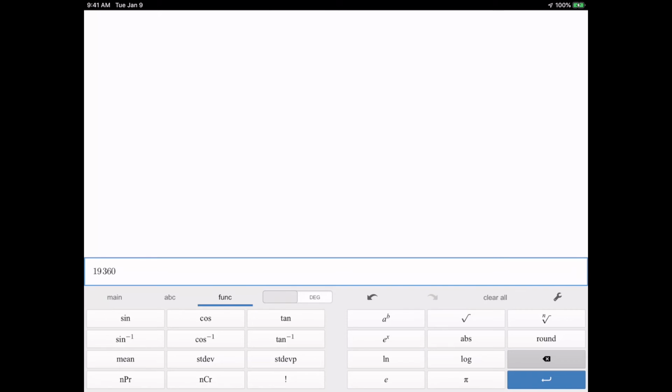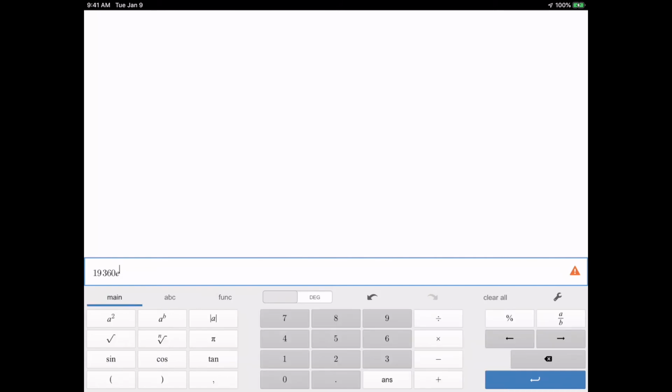We're actually going to be using the one with the e to the x power, the one under a to the b. Okay, and then I'm going to go back and put a parenthesis, 0.029 times 20. Okay, so it's 34,577.7.